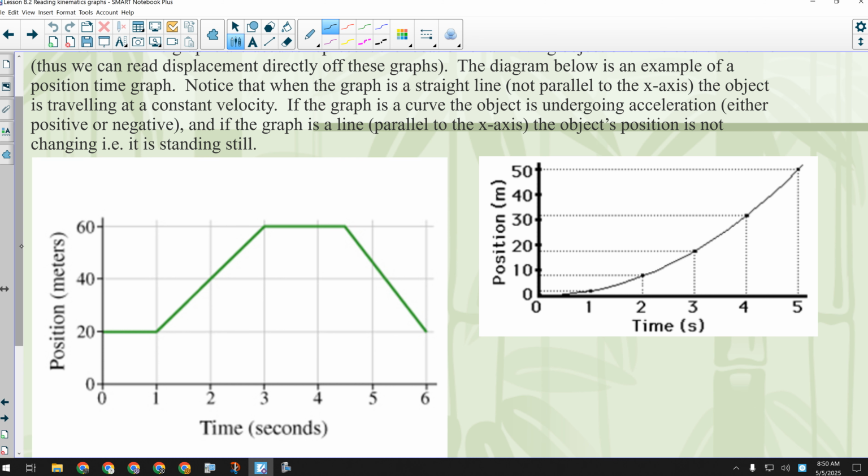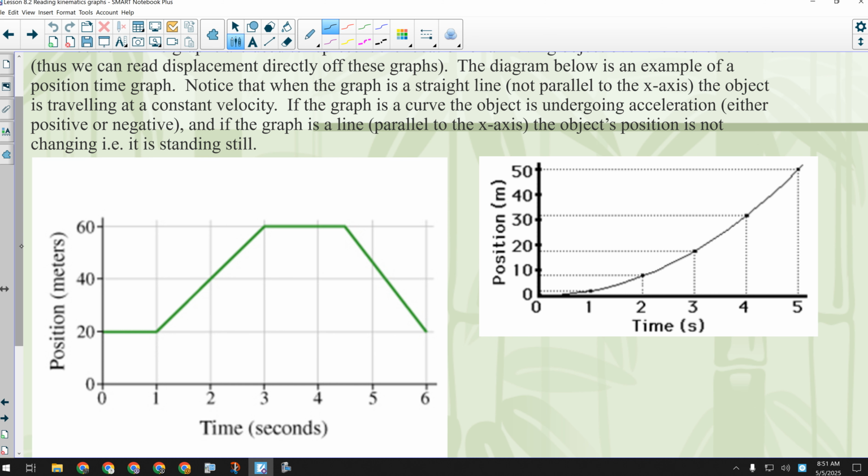Okay, so between 1 and 3 seconds, what does that object do? Is it moving then? Forward or backward? Forward, right? Its position is becoming more positive. That would indicate it's moving forwards.